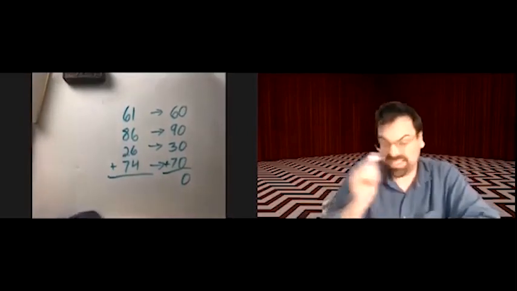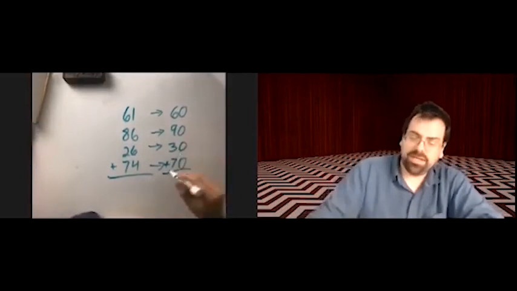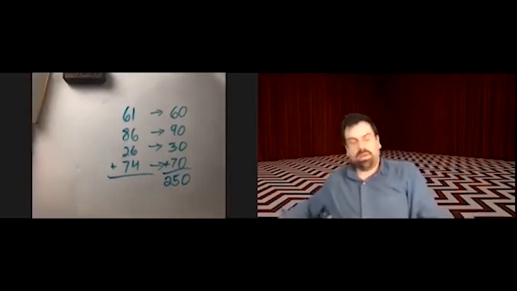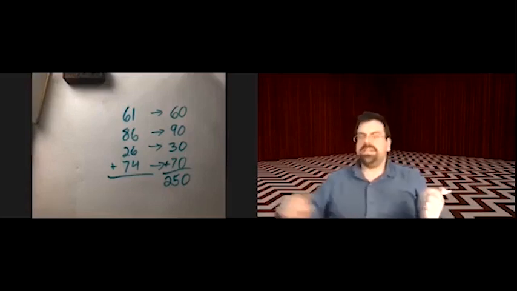Add a bunch of zeros, you get 0. 6 plus 9 is 15. 16, 17, 18, 19, 20, 25. And what was, I erased it and I don't remember, so I'm going to cheat. Don't tell the teacher. 247 is the exact answer.